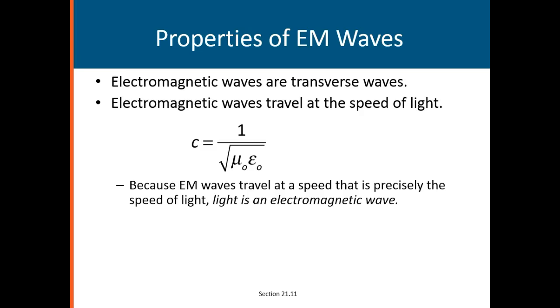Take a square root of that, and you got something that's 10 to the minus 9, but 1 over that, and then that would give you 10 to the positive 8 when you flip it over. Because electromagnetic waves travel at the speed that is precisely the speed of light, light is an electromagnetic wave.